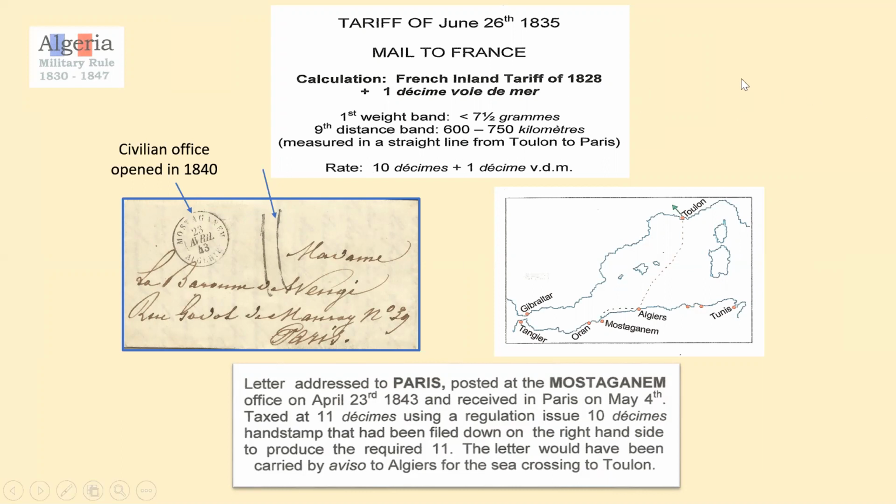The civilian office here at Mustabium, which opened in 1840, mailed unpaid into France.